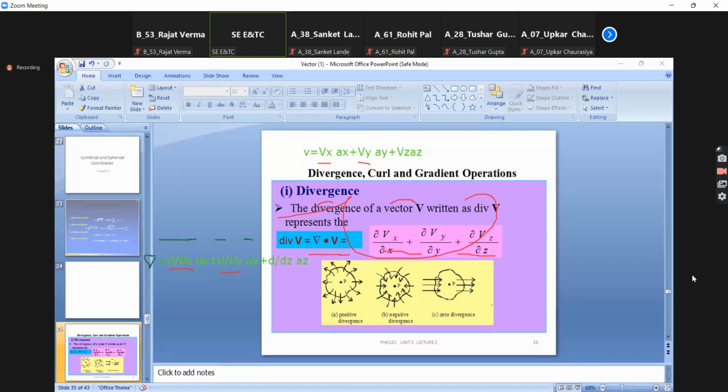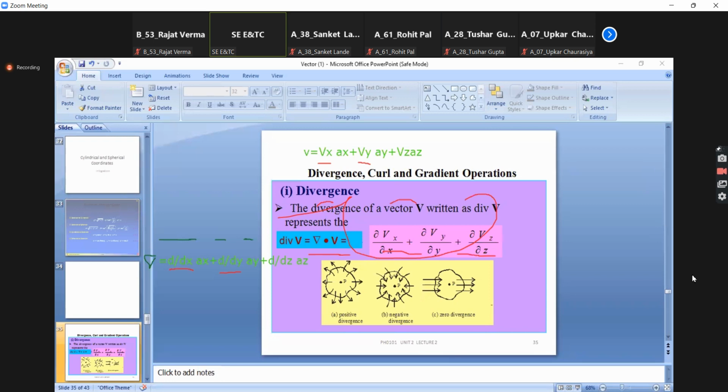So when I say positive divergence, that means it is increasing. Because I am calculating ∂/∂x, it is the rate of change of the magnitude. So if I'm getting a positive divergence, the field is spreading outward.